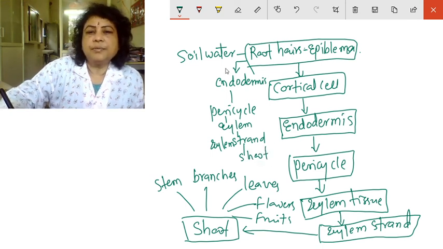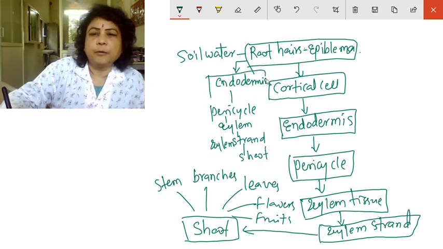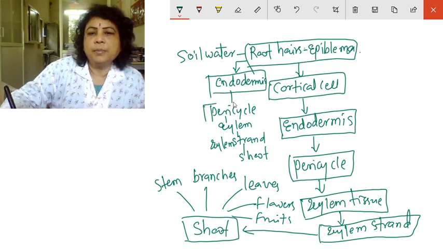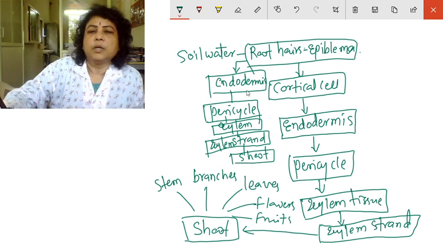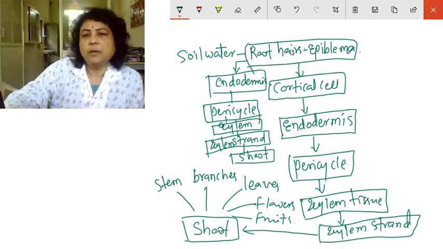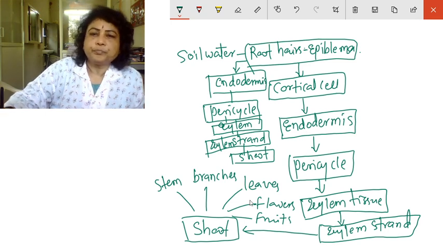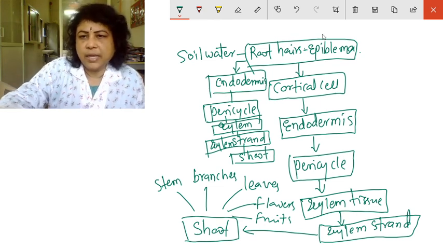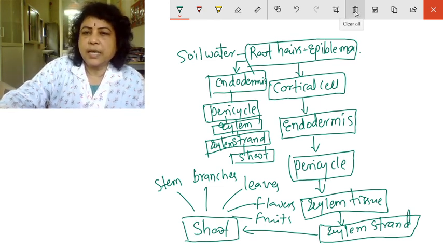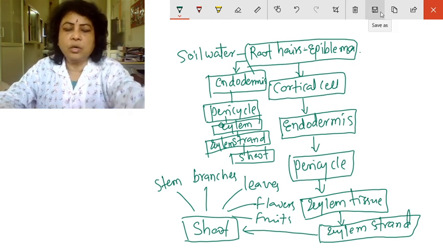In this way you can also write the pathway. You may draw it like this or like this. This is also known as the path of ascent of sap. I hope you got the point.